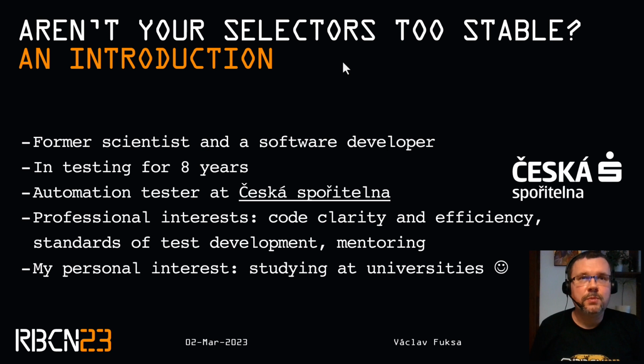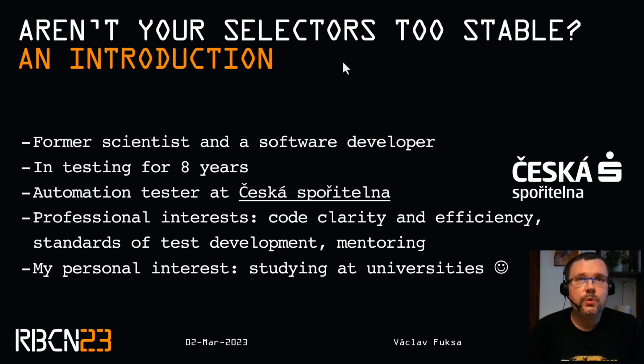Firstly, something about me. I was a scientist and a software developer in Perl, Python, C, Objective-C, and C#. I have spent the last 8 years in testing and its automation, and now I'm an automation tester at Česká spořitelna, the largest Czech bank. At work, I pursue code clarity and efficiency.